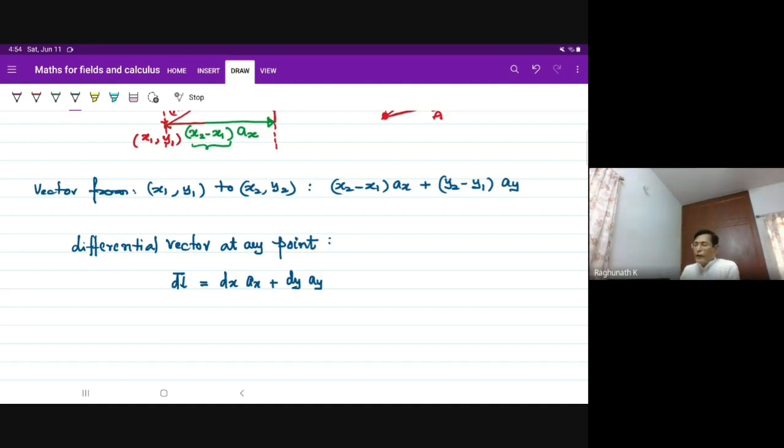The differential vector dl bar will always be dx ax plus dy ay.